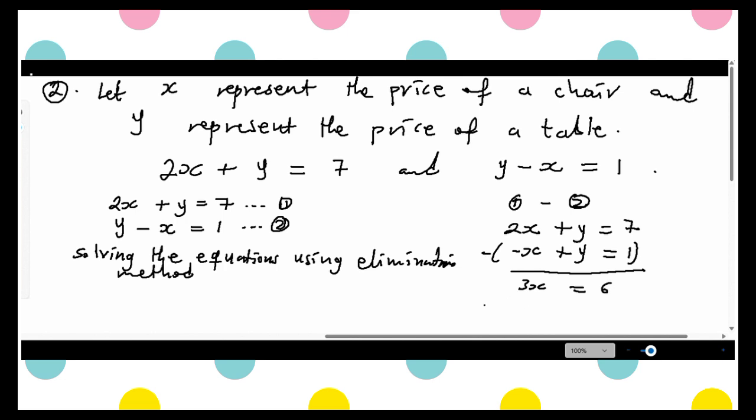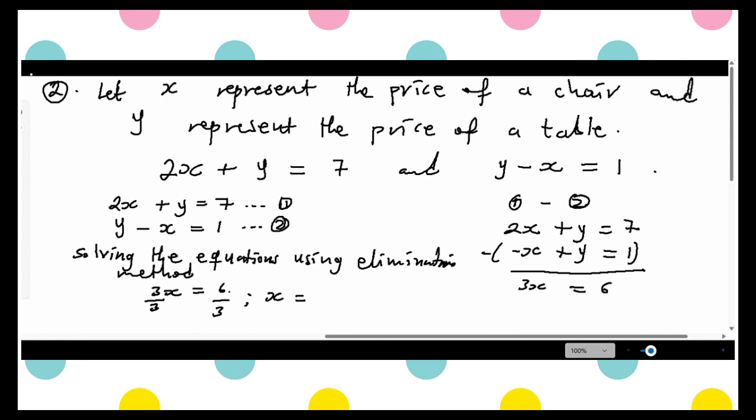So from this we can find the value of x. 3x equal to 6, and then we need to divide both sides by the coefficient of x, and then the 3 will go into itself 1, and 1 times x will give us x.